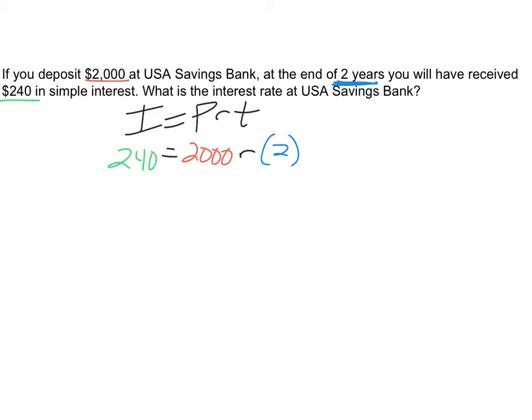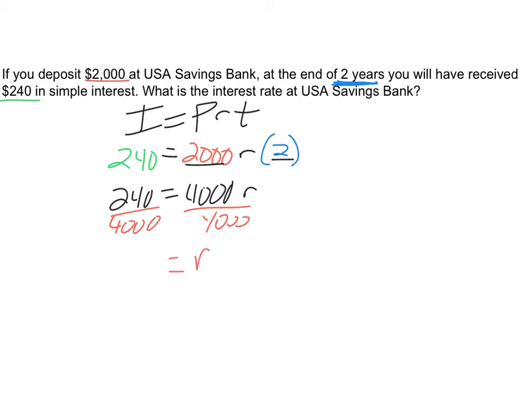So this is what our equation is going to look like. 240 is equal to 2,000 times R times 2. So now to clean this up, we can multiply 2,000 and 2 together. So we got 240 is equal to 4,000 times R. To solve for R, divide both sides by 4,000, giving us an R value of 0.06.